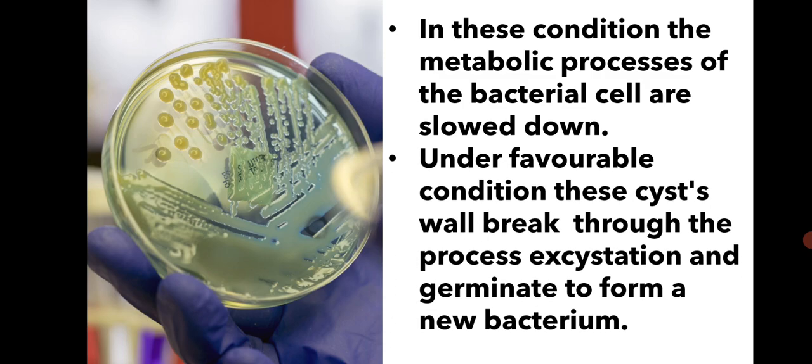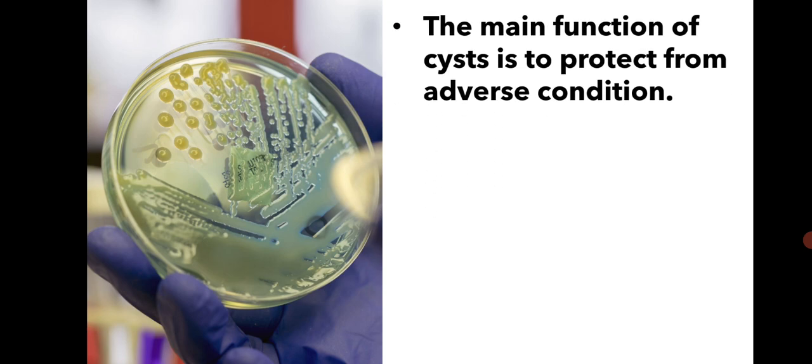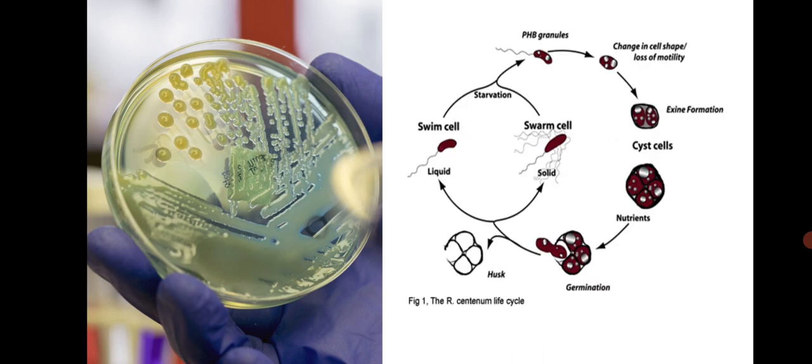Under favorable conditions, the cyst walls break through the process of excystation and germinate to form a new bacterium. The main function of the cyst is to protect from adverse conditions. Example, Azotobacter. Now this is a representation of the formation of a cyst in the bacteria.